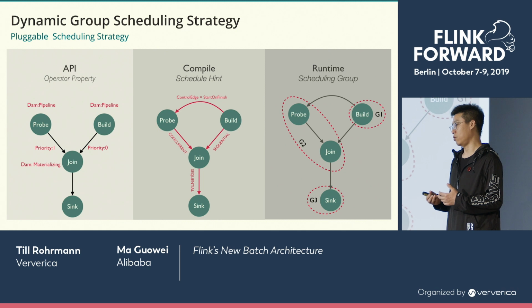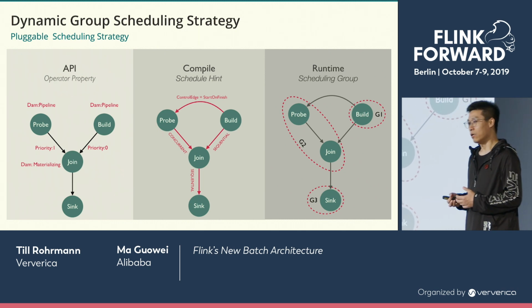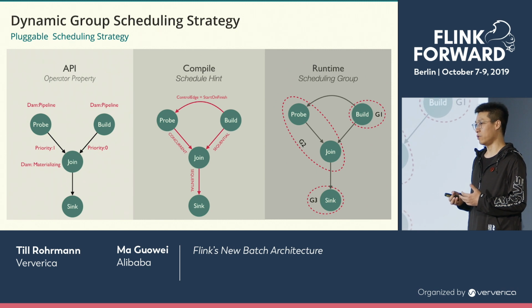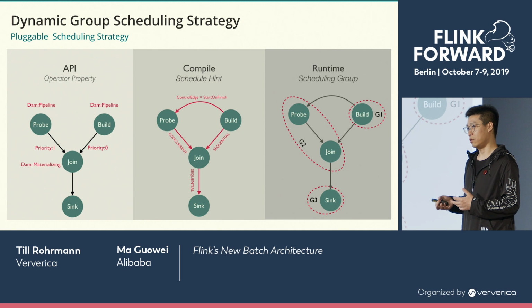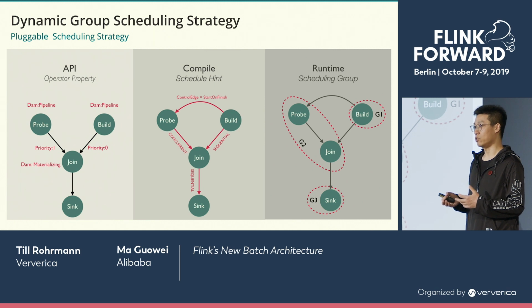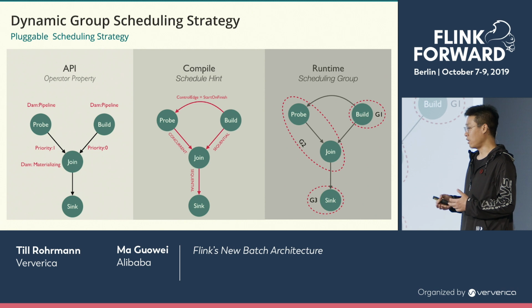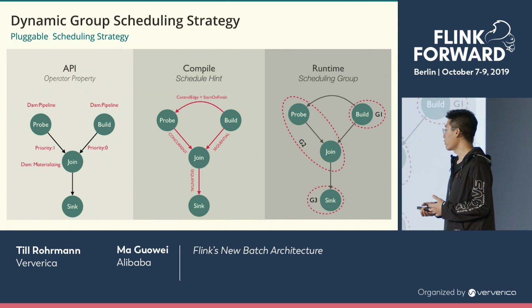We call the strategy the dynamic group scheduling strategy. The basic idea for resolving the scheduling of idle tasks is introducing scheduling hints, and the plugin could use the scheduling hints to schedule the right task at the right time.